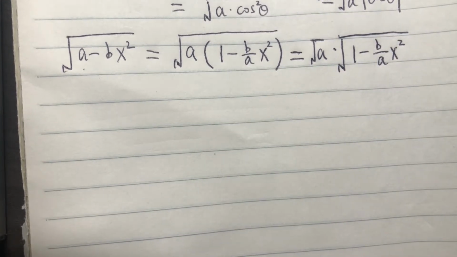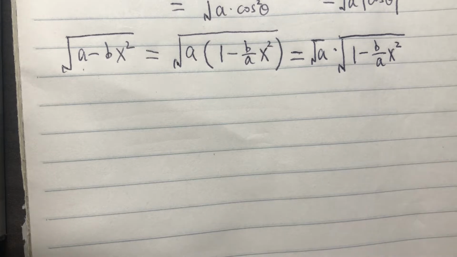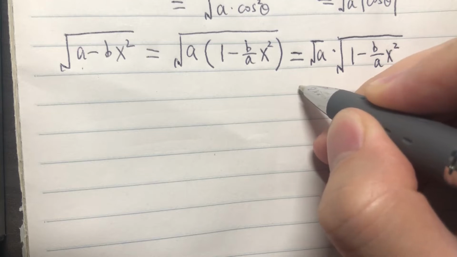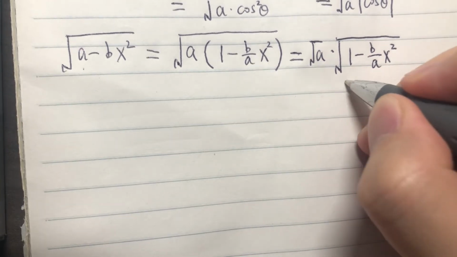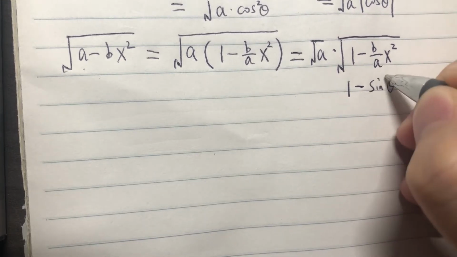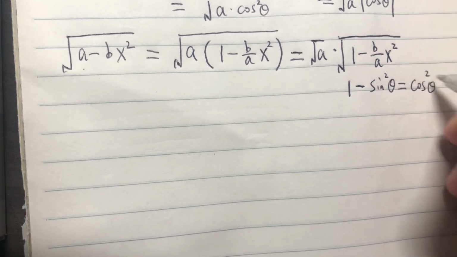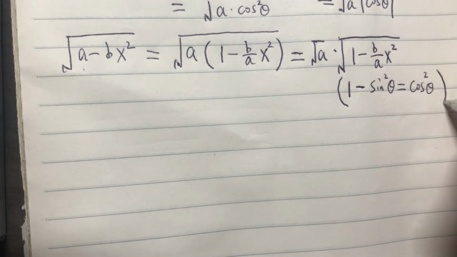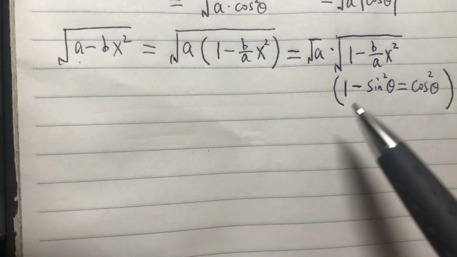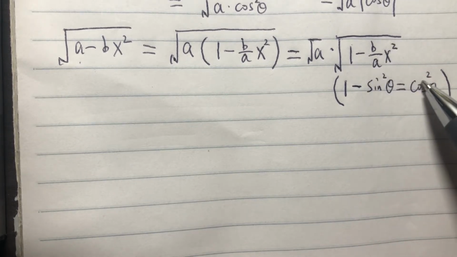Now here is our constant 1, and I want to use the identity sine squared plus cosine squared equals 1. So I want to use 1 minus sine theta squared equals cosine theta squared. Why do we use this identity? This is 1 minus something equals something squared.